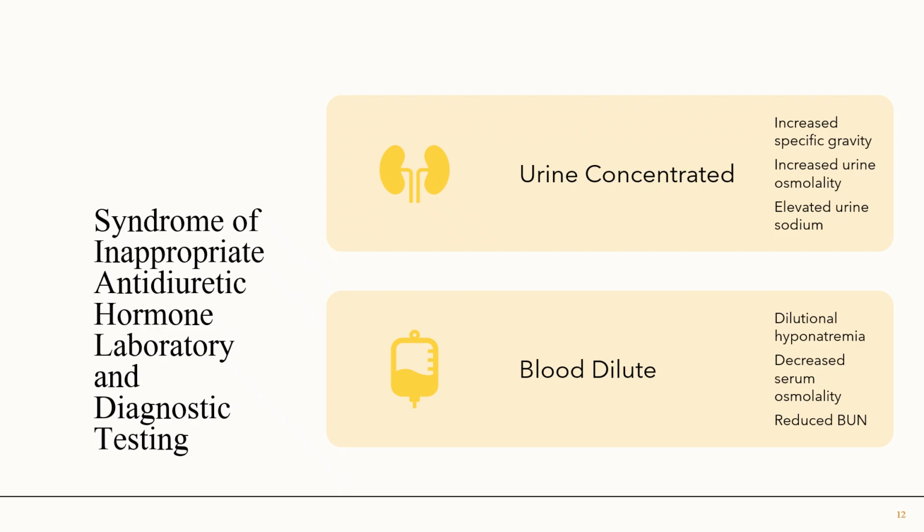There is dilutional hyponatremia, decreased serum osmolality, and reduced BUN, hemoglobin, hematocrit, and creatinine clearance. This is all because of hemodilution. Remember, urine concentrated, blood diluted is a helpful way to interpret SIADH labs.